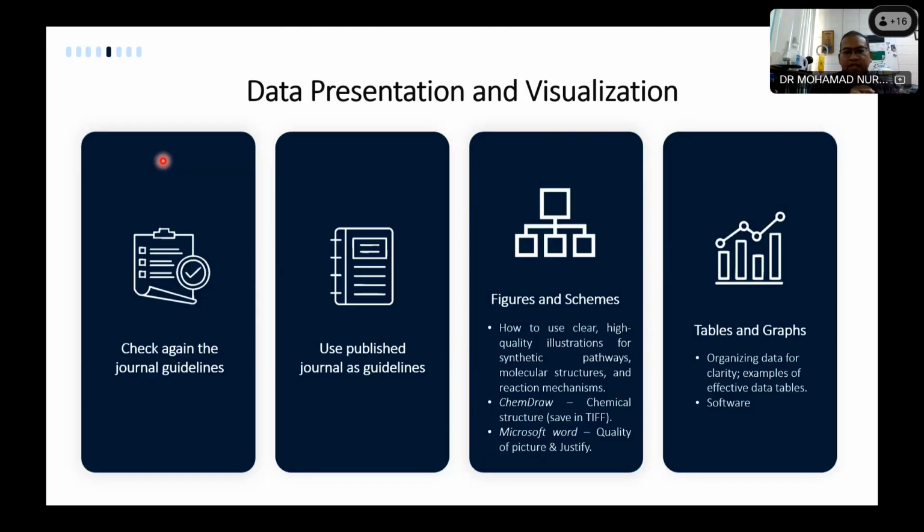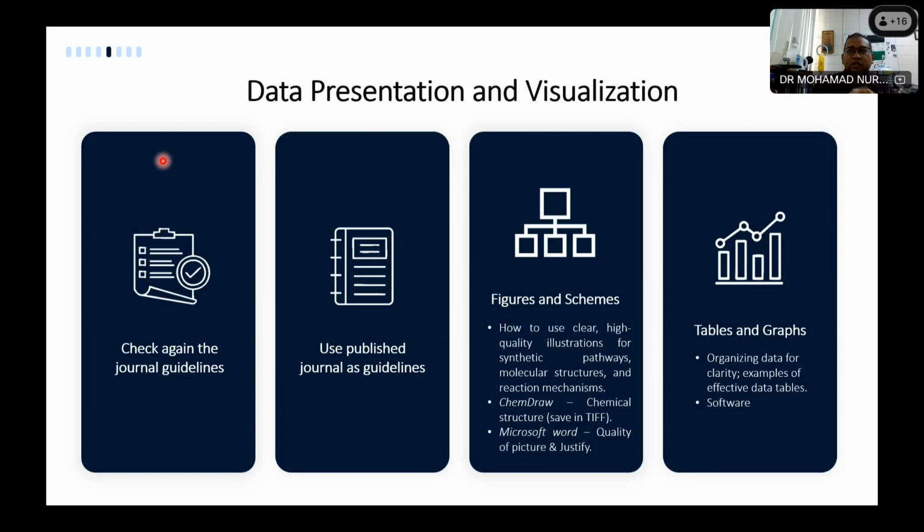Data presentation and visualizations. This is very important because recently I received drafts of journal papers from my students that you want to submit. We discuss where we want to submit, and after that I suggest these journals, and I assume that we agree and you understand what we need. So you start writing.